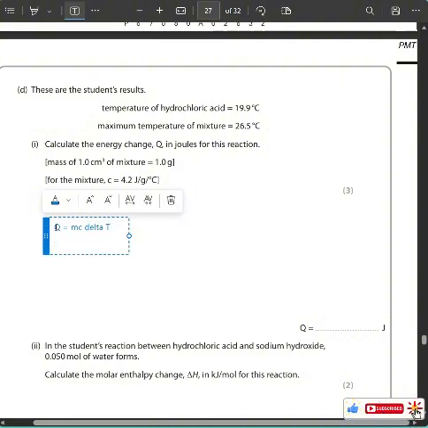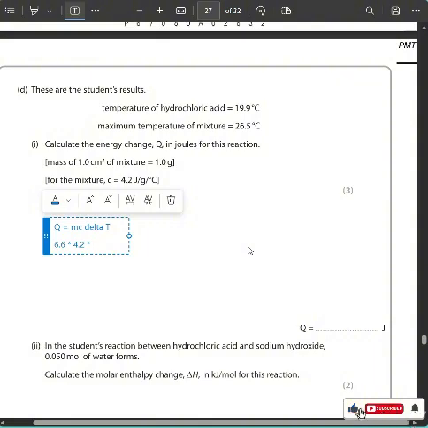That means the mass is around 100, the specific heat capacity is 4.2, multiplied by the temperature change.